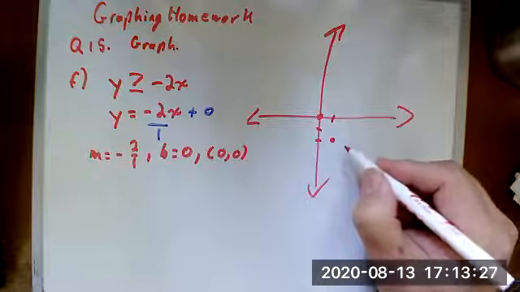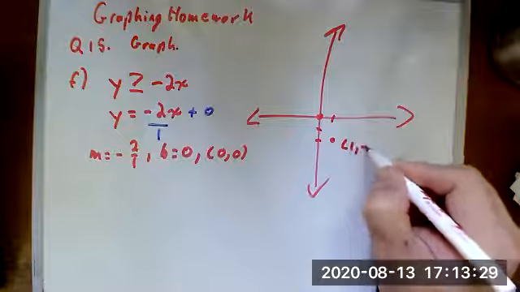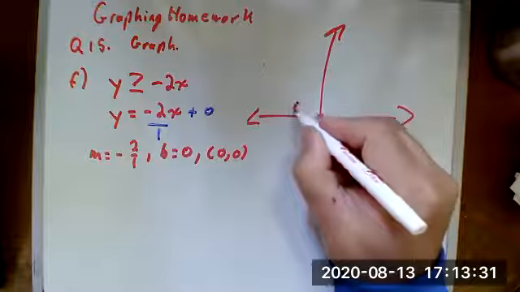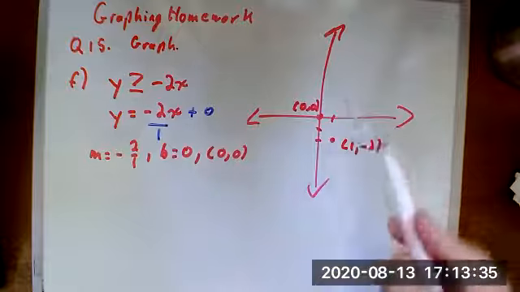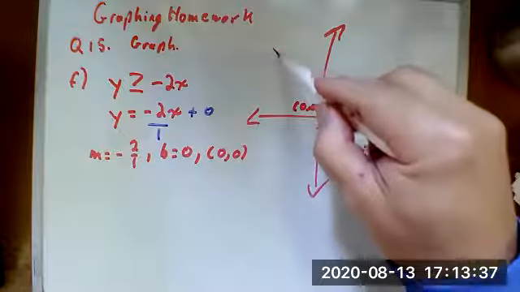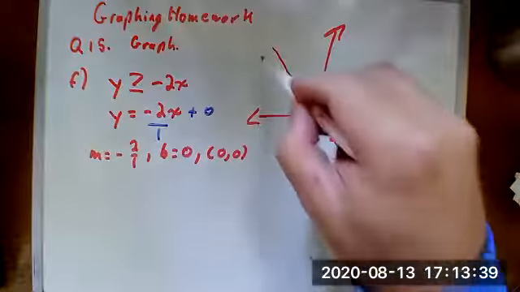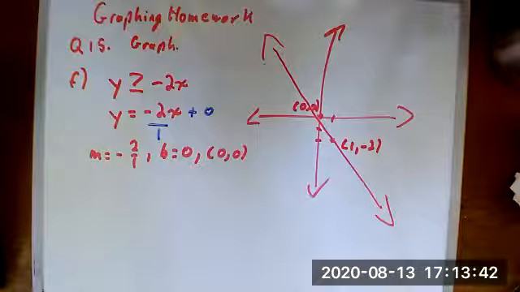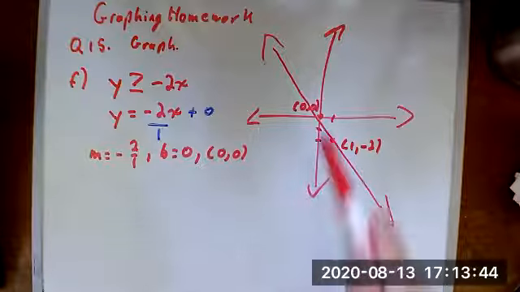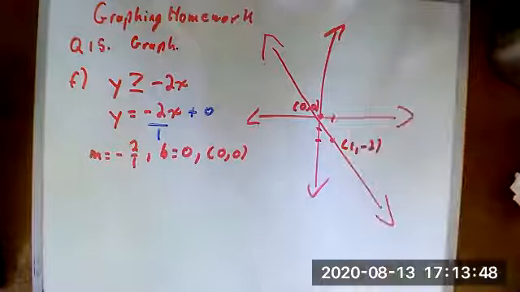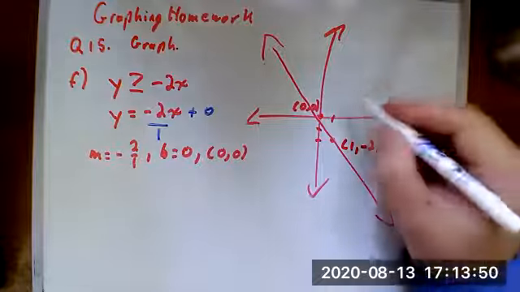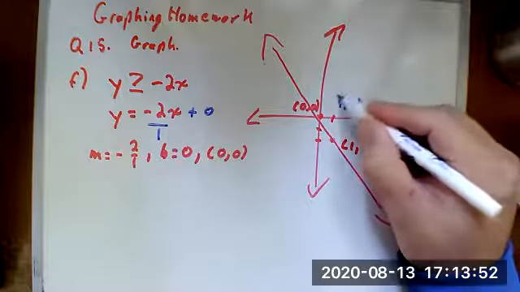Going down 2 and over 1 means I am at the point (1, -2), and we started at the point (0, 0). We connect the dots. And again, because we're going through the point (0, 0), we need a different point to test. We'll test our trusty little point of (1, 0) here.